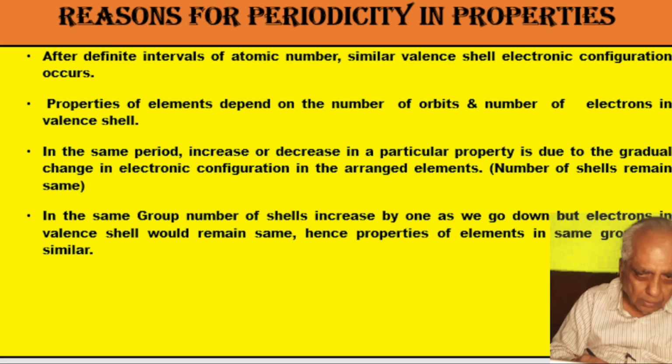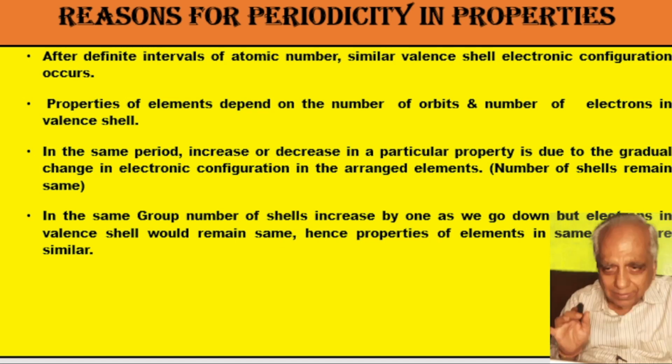As we had seen last time, electronic configuration changes, but in the same group, the outermost orbit has the same number of electrons. So chemical properties are decided by the number of electrons in the outermost shell and the number of shells, but the more dominant factor is the number of electrons in the outermost shell, which is the same in a group.